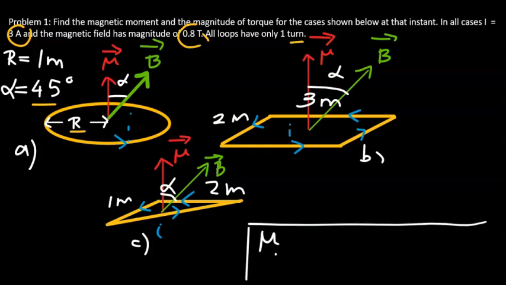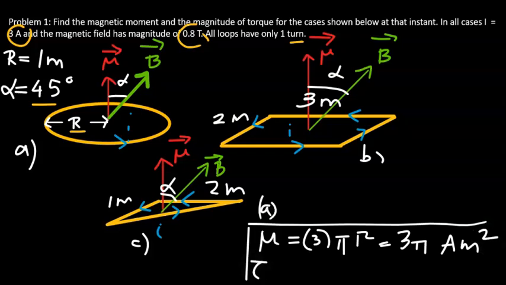The magnetic moment magnitude is given by the current, which is 3 ampere, times the surface area of the loop. It is a circular loop, so pi times the square of the radius. Radius is 1 meter, square that. So you're going to get 3 pi ampere meter squared.